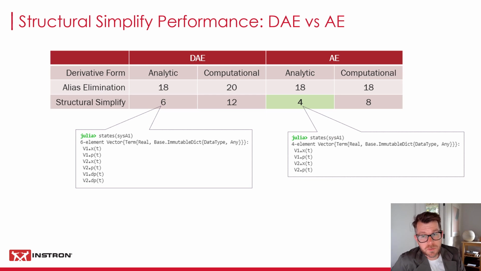So if we now compare this simple example using the computational versus analytic methods, definitions for the volume component, and the DAE versus AE forms of the system, as can be seen, we get down to simply just 4 equations in 4 states using the analytic and AE forms.